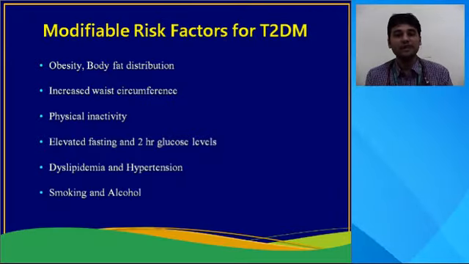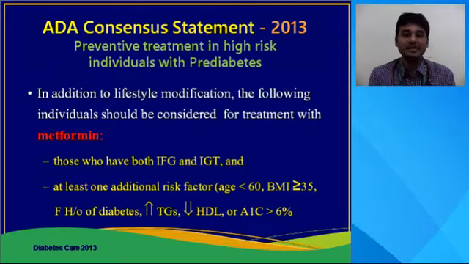So what are the modifiable risk factors that we know? Of course, obesity, typical body fat distribution, increase in waist circumference, physical inactivity. We can advise them to increase activity of daily life. Also elevated fasting and 2 hour glucose level, dyslipidemias, hypertension, smoking, alcoholism. For all these individuals, what did ADA tell?